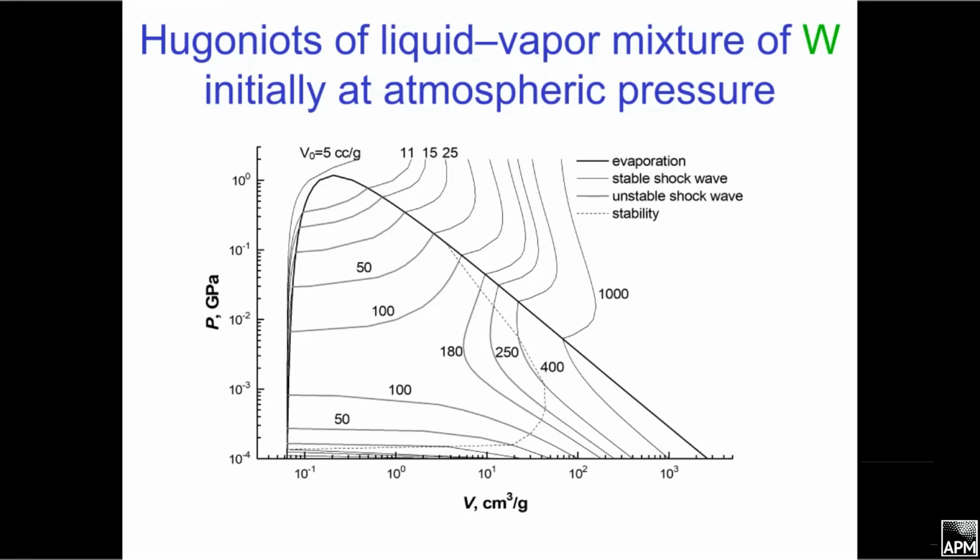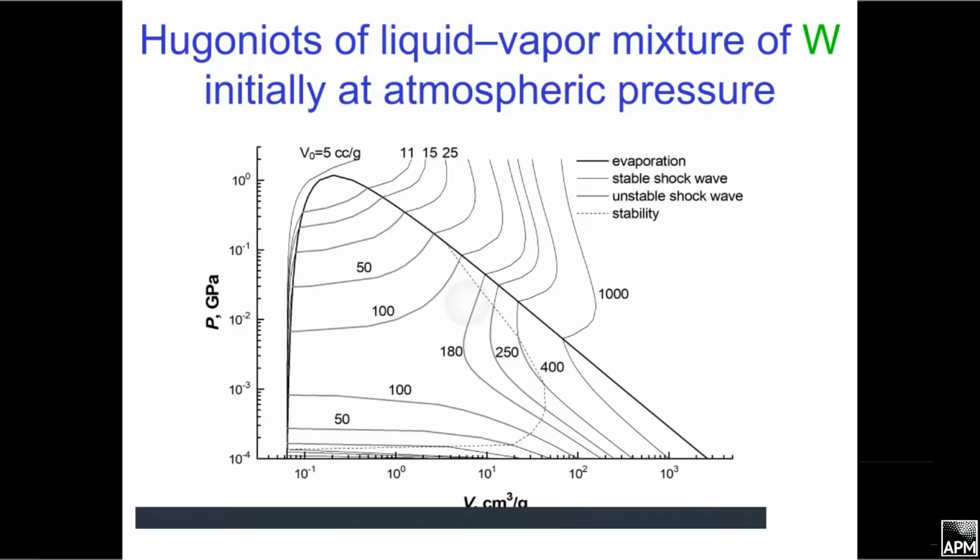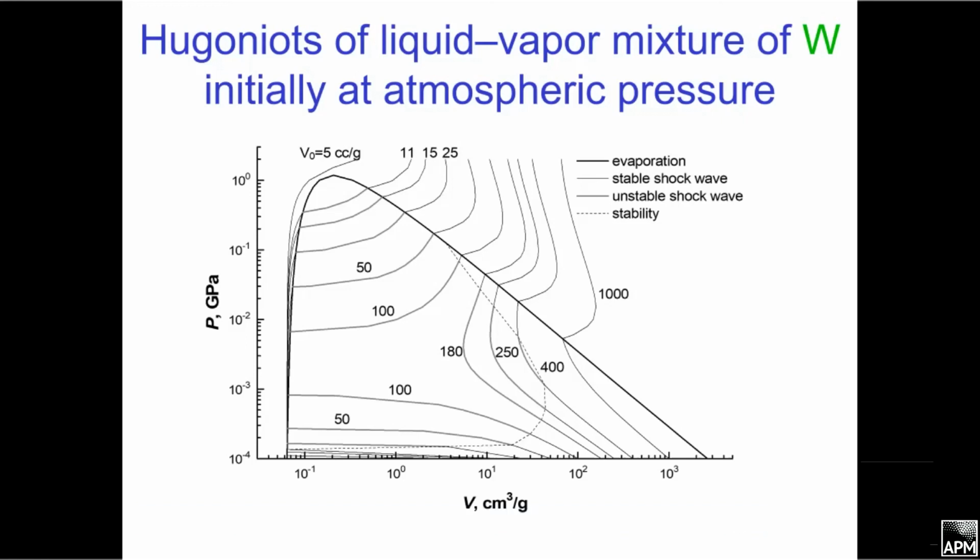For example, here, first with increasing pressure, the mixture is compressed, then the final volume is decreased. Here, this adiabat goes to the one phase region.